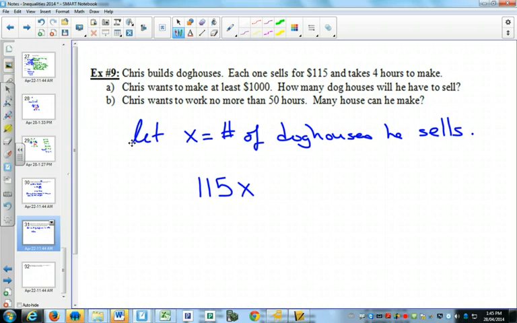No. Yes. Because if he sells 5 dog houses, you'd say 115 times 5. Yes. 7 dog houses, 115 times 7. He wants to make at least $1,000. If the 1,000 is here, what symbol would I have in between so that it shows that this is at least 1,000? Something greater than or equal to.